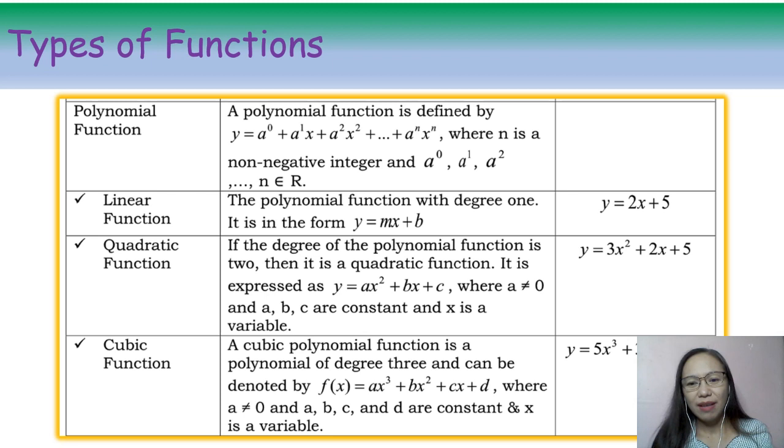So you have here the example. I'm sorry, it's covered by my video. So y is equal to 5x cubed plus whatever follows there, as long as the highest exponent for x is 3 because it is a cubic function. So these are examples of the polynomial functions.